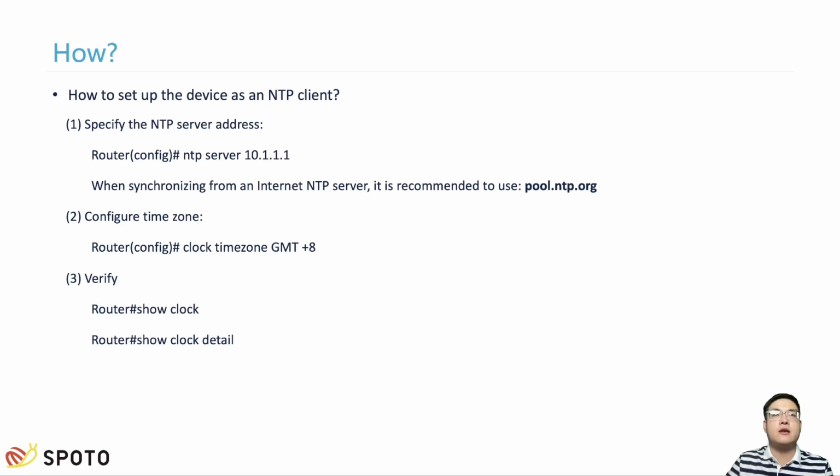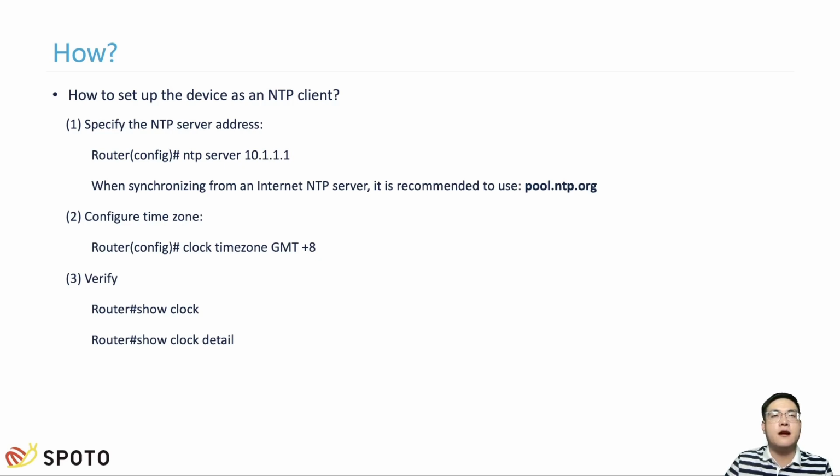It will usually return IP addresses for servers in or close to your country. For most users, this will give the best results. The ntp server IP or domain command tells the device where its NTP server is located, and the time zone of the device still needs to be specified manually.